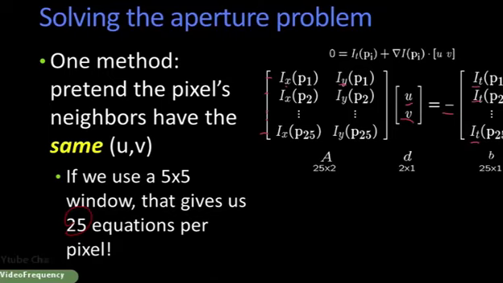So I can write that as AD equals B, where D is this displacement vector UV, and B is just this 25 by 1 vector that is essentially the negative of all the temporal derivatives. Okay? So we have this equation, AD equals B, and it's got 25 equations and 2 unknowns.